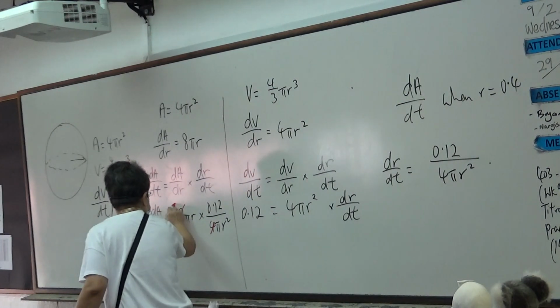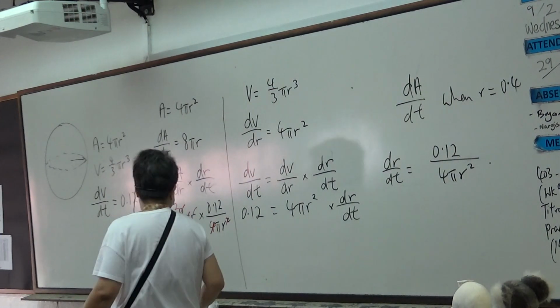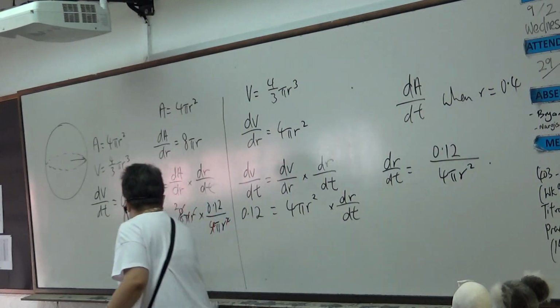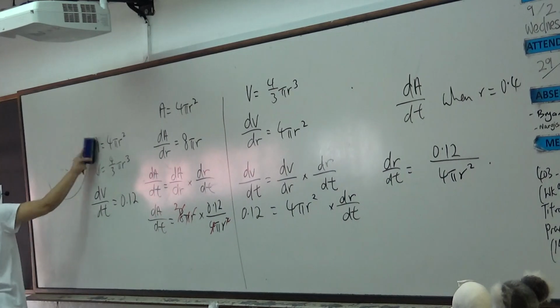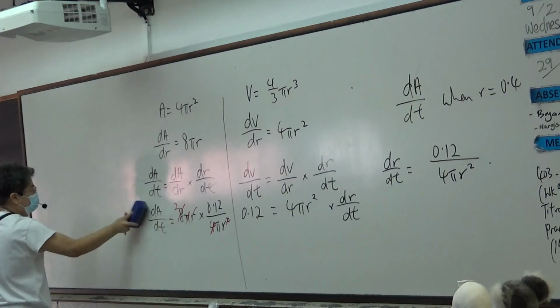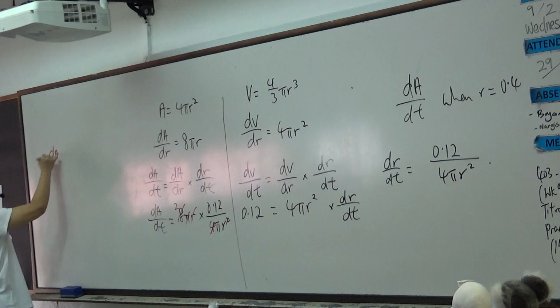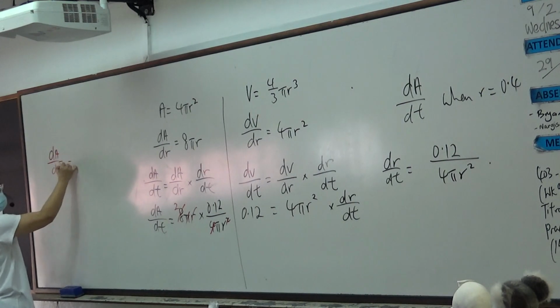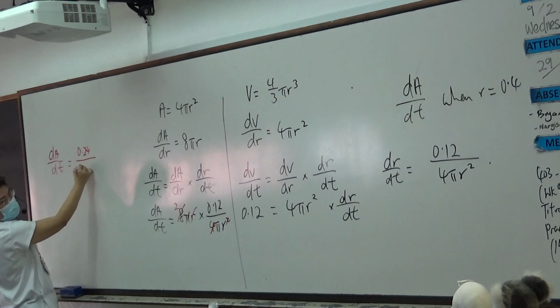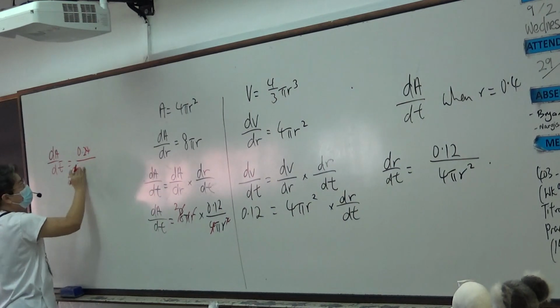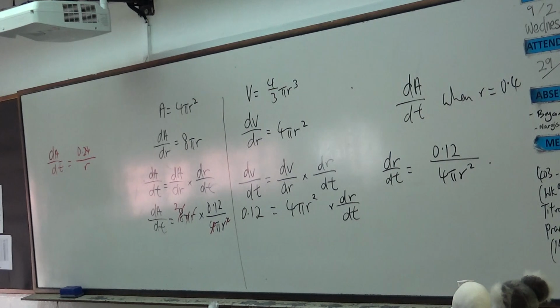This one, the 2 gets 1 time back. Finally, let me clean off this part. My dA/dt is a very neat 0.24 over r. Am I right? You see that?